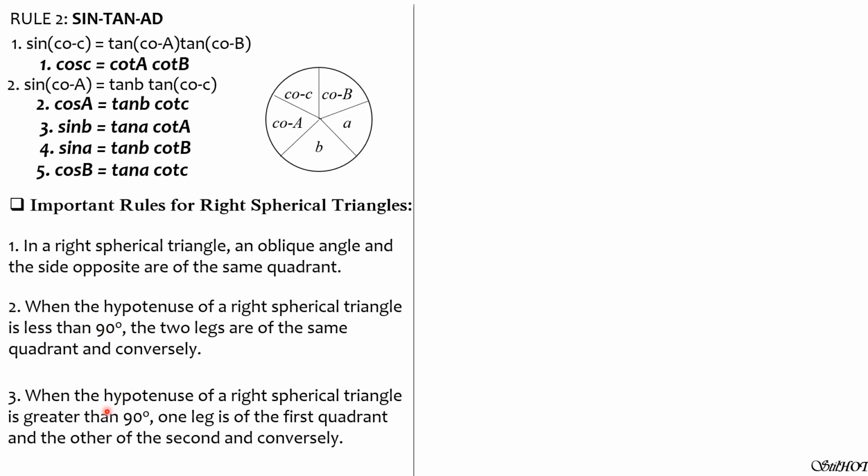But when the hypotenuse is greater than 90 degrees, one leg is in the first quadrant and the other leg is in the second quadrant. So one is less than 90, the other is greater than 90. That's the meaning of this property.